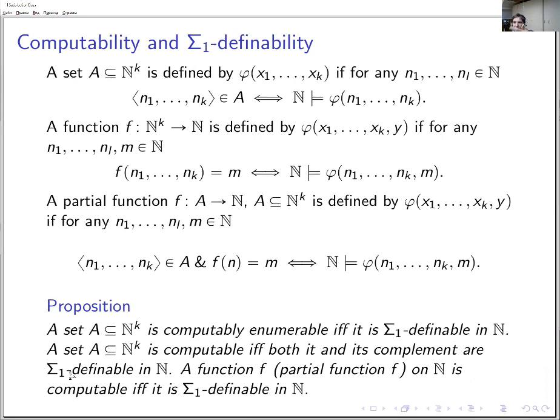So in the case of arithmetic, you have this very nice connection between sigma 1 definability and computability. This means that sigma 1 definability could essentially be regarded as a model of computation.